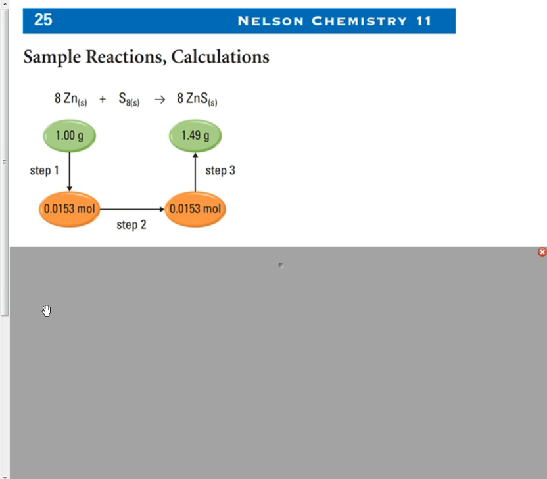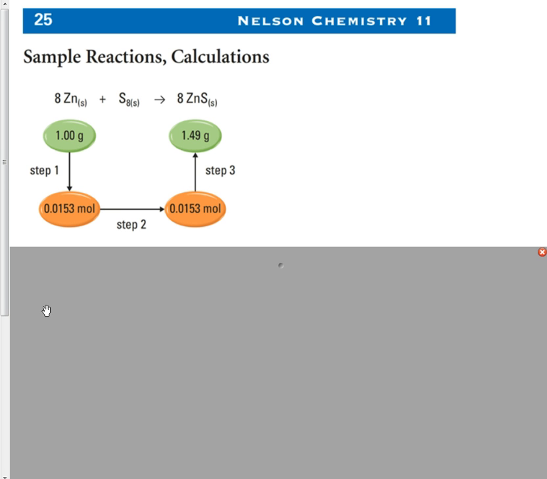Suppose we have 1 gram of zinc and we have an excess of octasulfur. We would know that what's most important is determining not a mass ratio, but a molar ratio in order to determine the grams of the product.